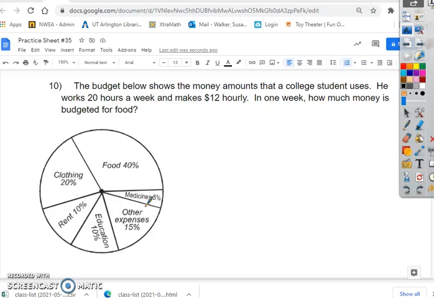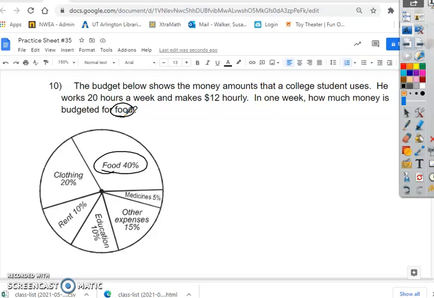So in order to figure out how much money is budgeted for food, we first need to know how much money that we make. Okay, so, and I did not tell you any differently, so let's just not even worry about tax on this right now.